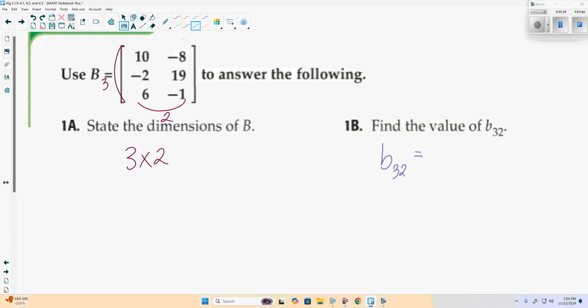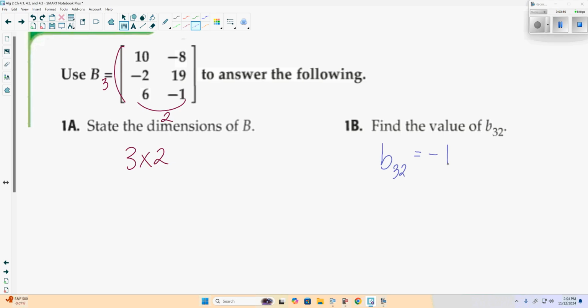So we go to the third row, second column: -1. Questions? We feel good with this so far, yes?